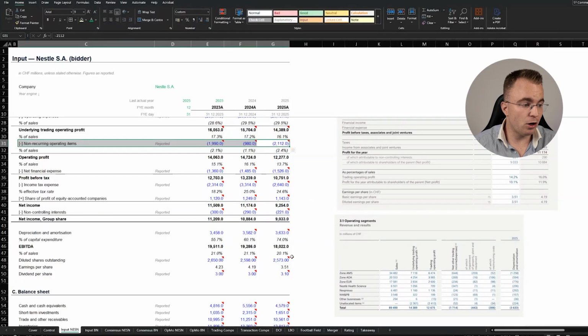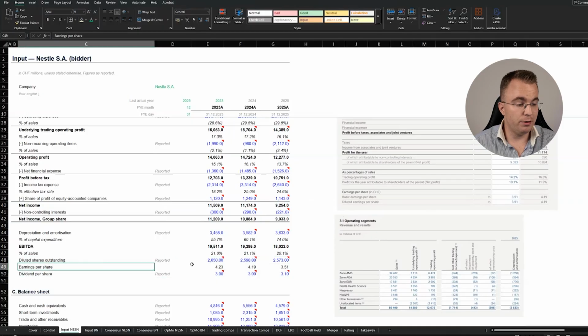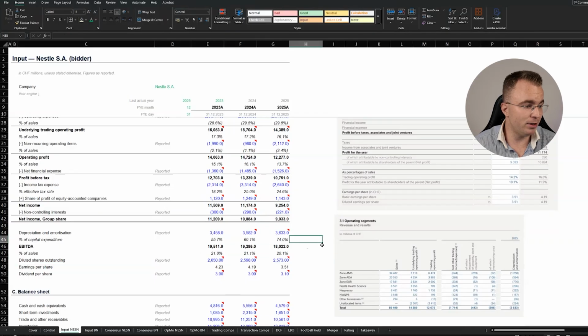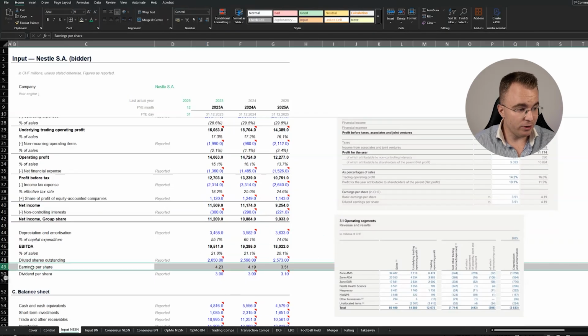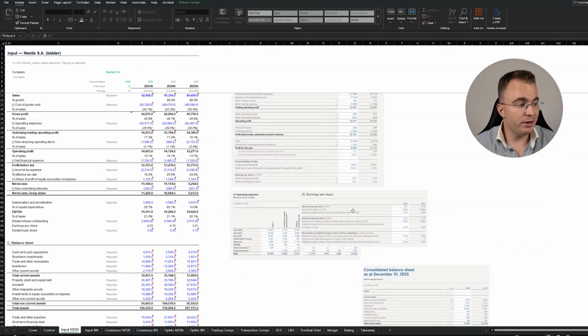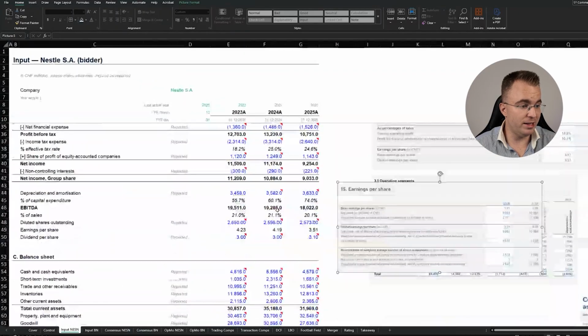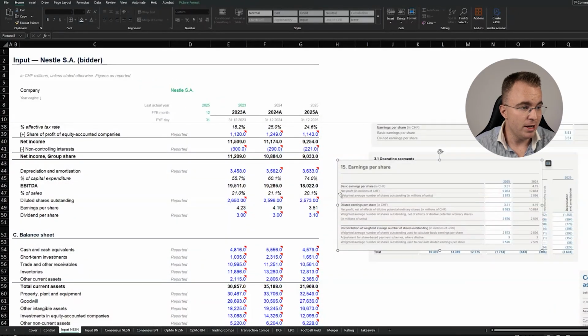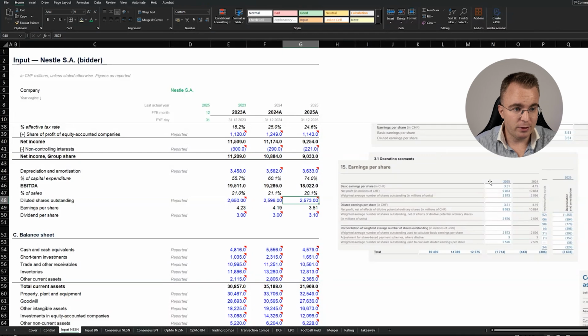And the final thing to close out the income statement are the shares outstanding and the EPS, the earnings per share, and the DPS, dividends per share. Here, for the earnings per share, you need to take the weighted average shares outstanding, or the WASO as it's called. In this case, it can be found in note 15 of the financial statements as earnings per share. And for 2025, it's 2573 and 2596 for 24.